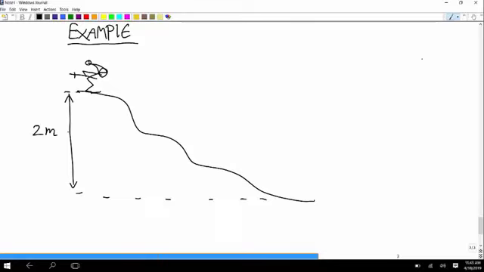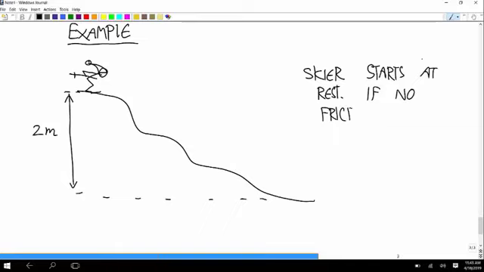It's like Buck Hill. And let's say the skier starts at rest. If there's no friction, what's the speed at the bottom?